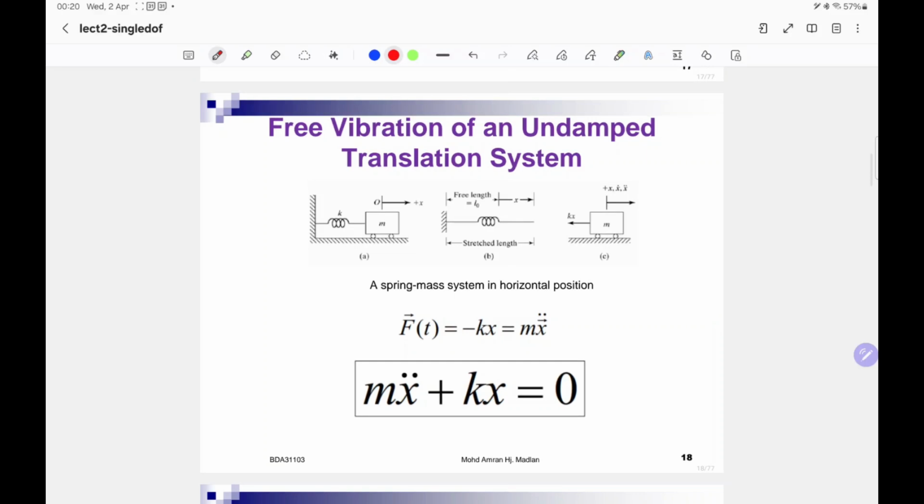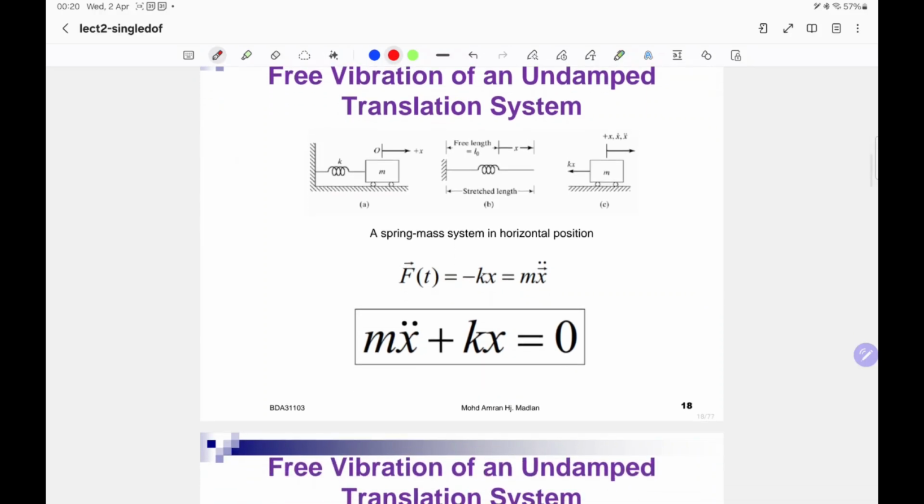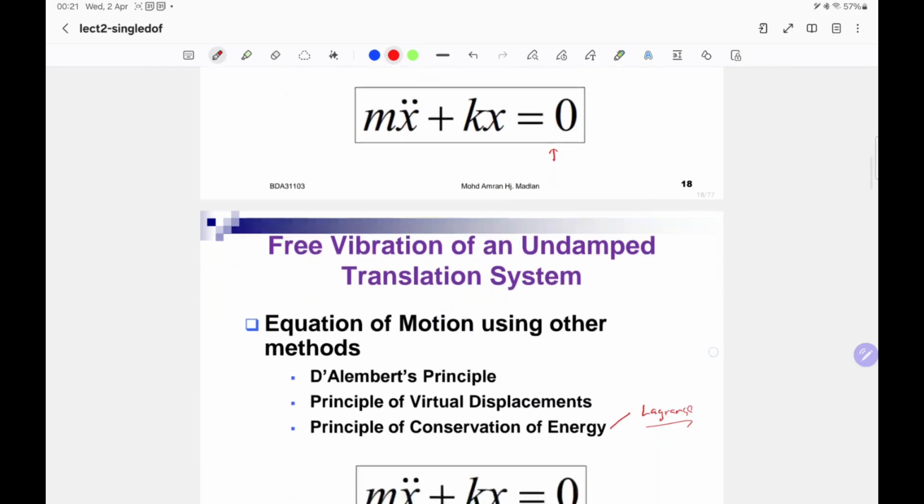And we already know that for free undamped vibration system, the equation of motion will become m x double dot plus k x equals 0. It doesn't have any external force, and it doesn't have any damping coefficient.